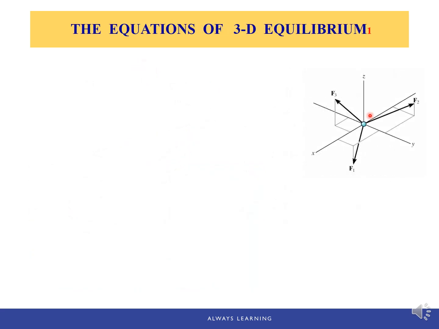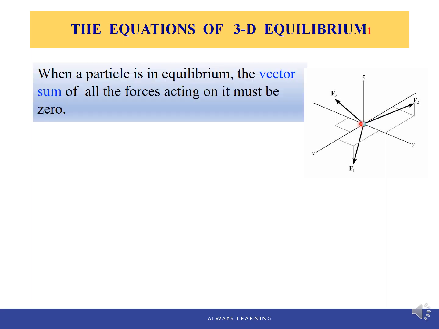When a particle, like this particle over here, is in equilibrium, the vector sum of all the forces acting on it must be zero. So if we write it into an equation, the sum of all the forces exerting on this particle must be equal to zero for the particle to be in equilibrium.